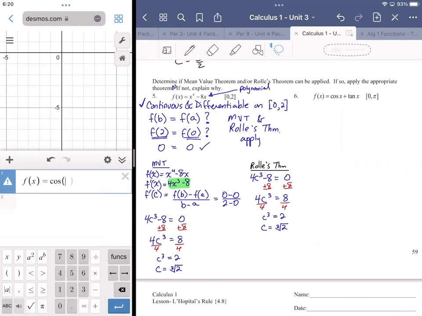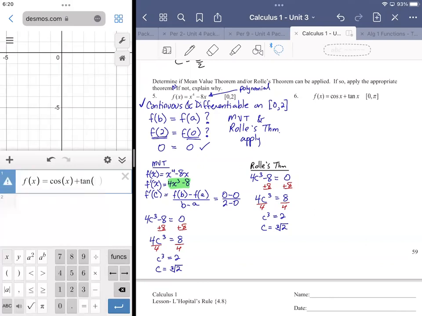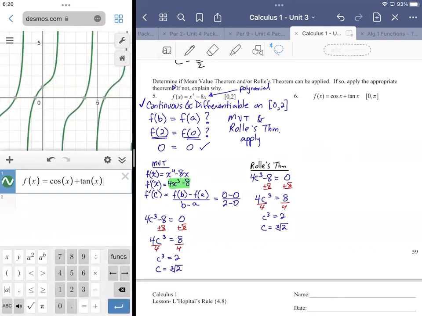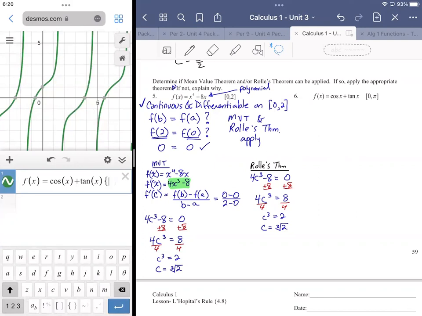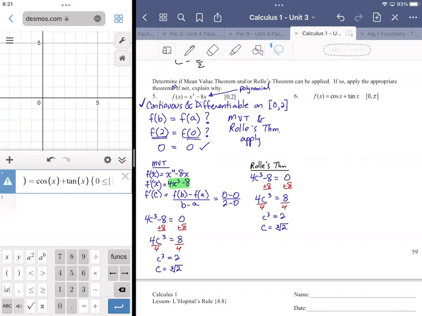But let's just play it by the book here. Cosine of x plus tangent of x. Now, there are many instances in which it's not continuous. It's just a question of whether or not one of those instances occurs over this domain, which is over the interval of 0 to pi.